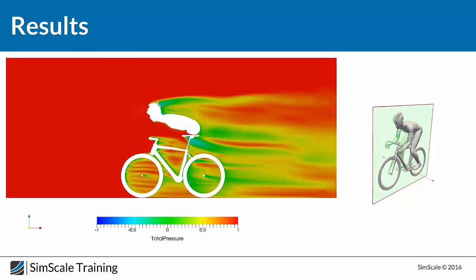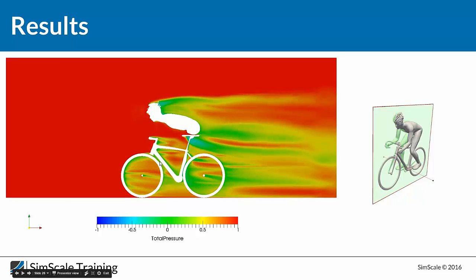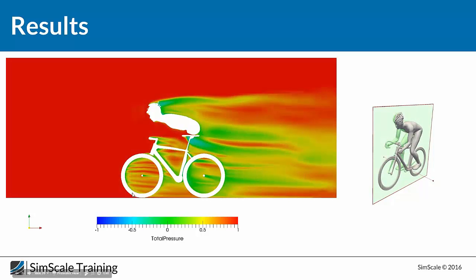We can see that even for the mid-size, of course, we have reduced this separation a bit. The wake is not as strong as the previous one. I can move back. As you can see here, the wake is really strong, this wake that is going directly to the back of the bike, and here, with the mid-size tire, we have reduced this wake significantly.